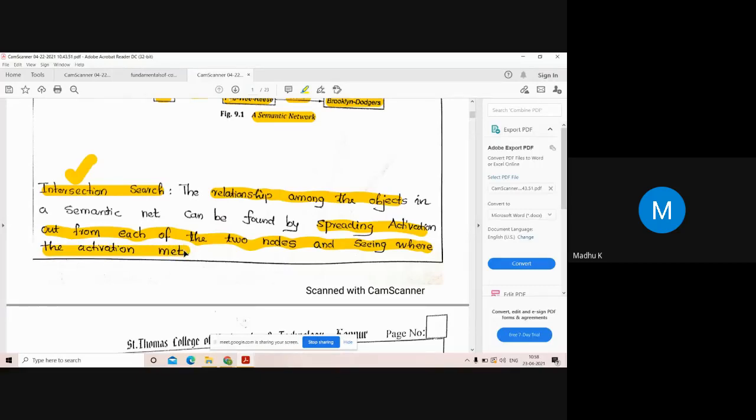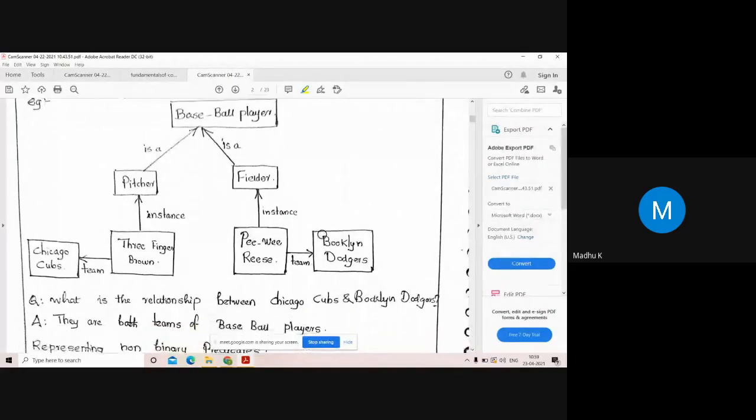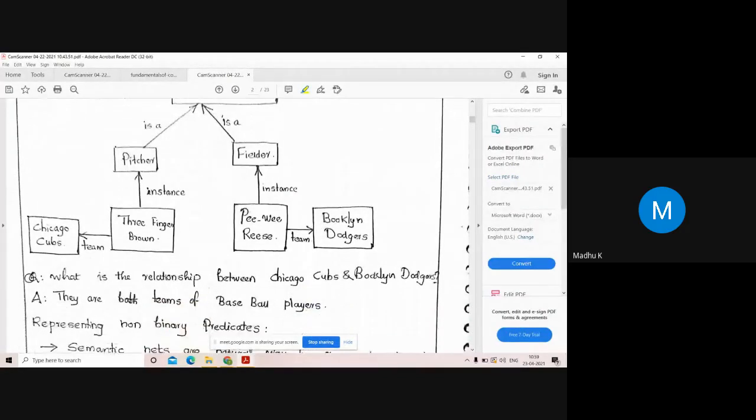This is the method of intersection search. The concept is simple. From the two nodes, we spread the activation and try to find out where it meets. So let us come to an example.